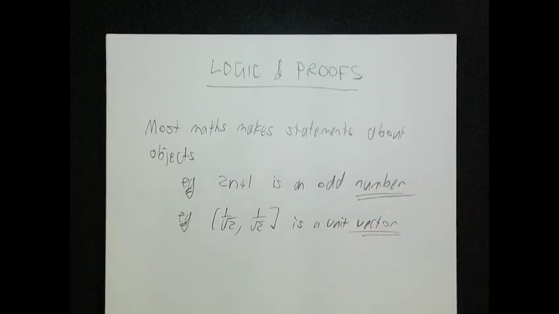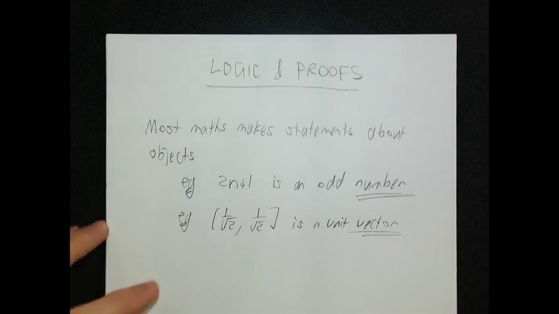So you've got objects like vectors, or numbers, or points, or planes, or complex numbers, or equations, and you say things about them. The problem is that in mathematical logic, the objects that you're talking about are themselves statements about other things. So it's like a meta-math. The objects under study are no longer actual objects like numbers and vectors, they are now statements.